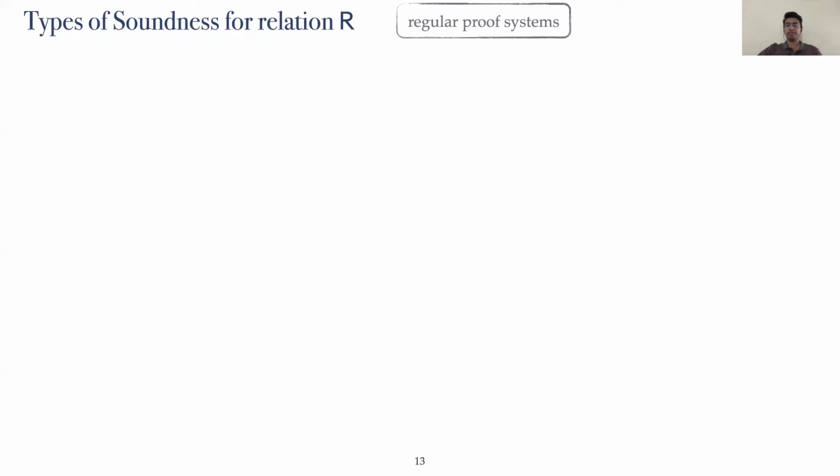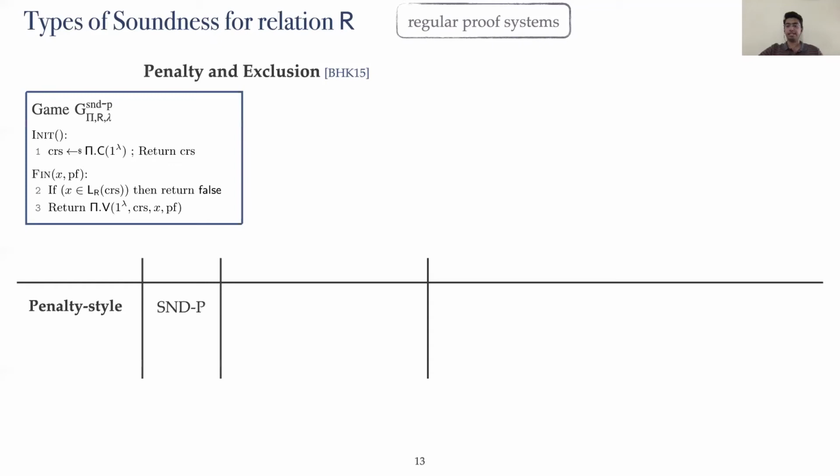There are two variants of soundness depending on whether the definition is penalizing or exclusionary. This distinction between penalty style and exclusion style definitions was first considered in 2015 by Bellare, Hofheinz, and Kiltz in the context of public key encryption and key encapsulation mechanisms. These two definitions differ in the kinds of queries the adversary is allowed to make.